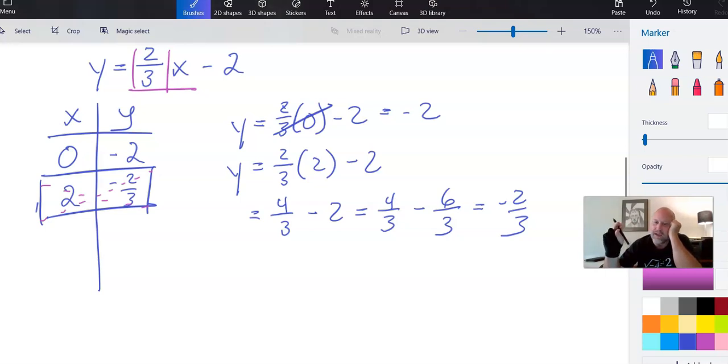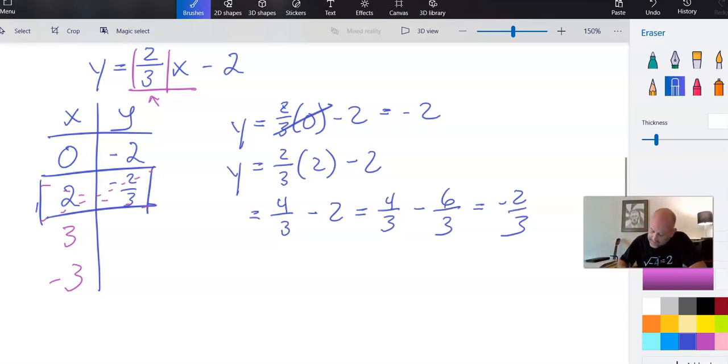So we want to be thinking about what I can make x so it'll cancel that denominator out. It's a common denominator thing, but if you just pick x to be positive and negative of the denominator, you'll cancel it out every time. So since this denominator is a 3, I'm going to plug in 3 and I'm going to plug in -3 because I know those will cancel that out.